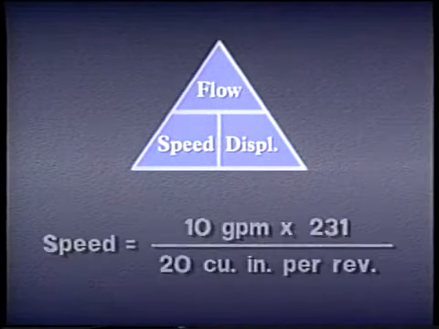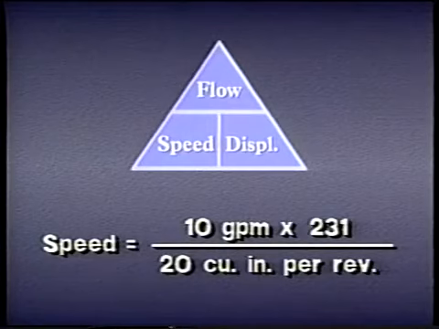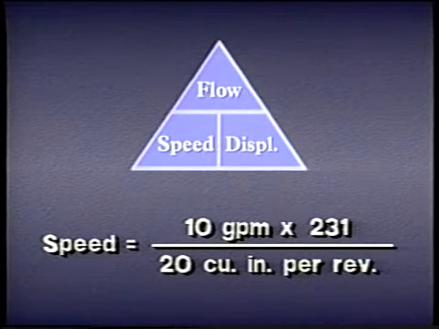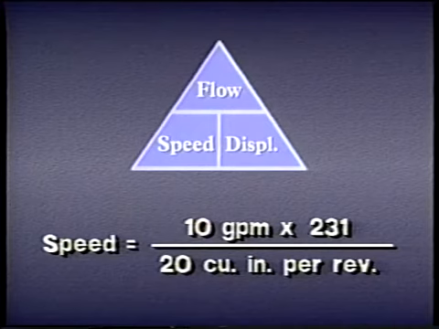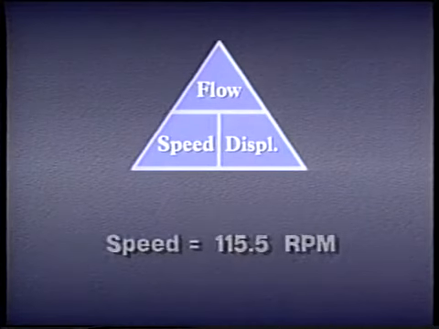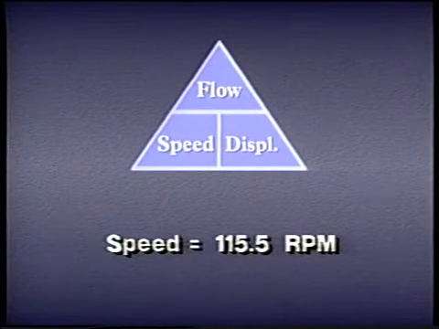For example, to figure the speed of a motor with a 20 cubic inch displacement and a flow rate of 10 gallons per minute, we multiply the flow rate of 10 GPM times the constant 231, the number of cubic inches in 1 gallon, and divide that by the displacement of 20 cubic inches. Our speed is 115.5 revolutions per minute.